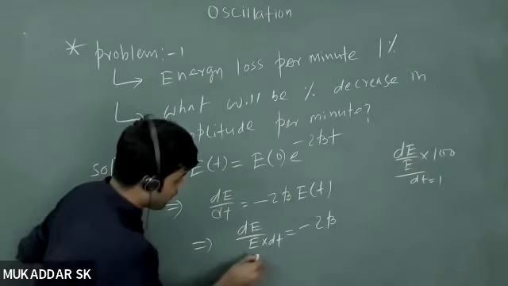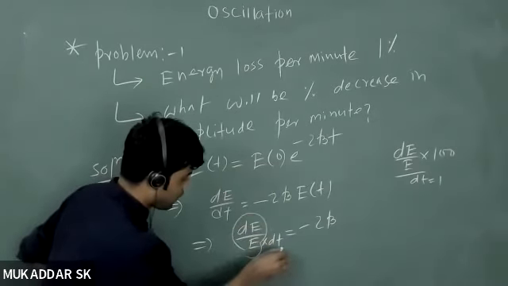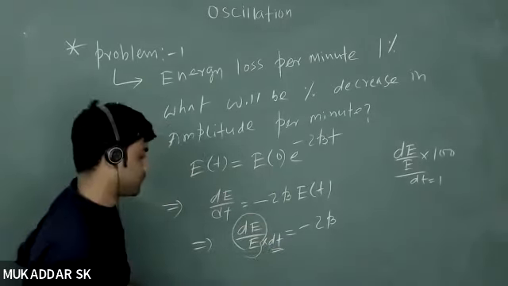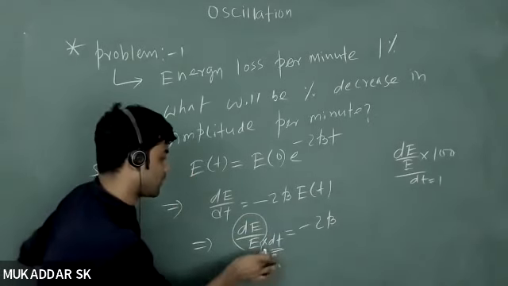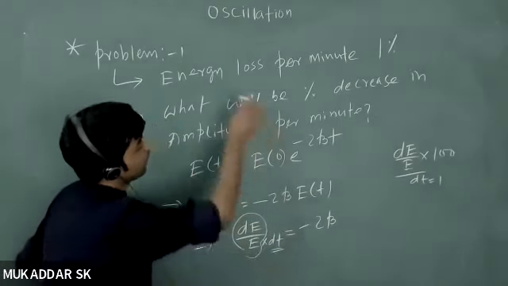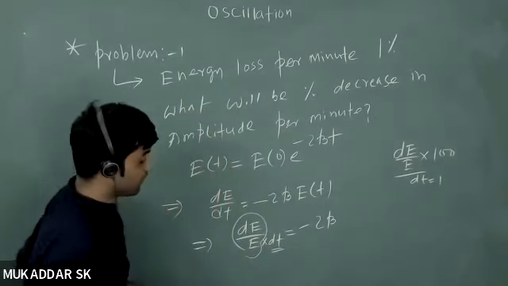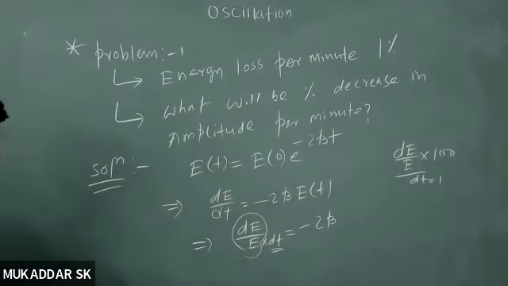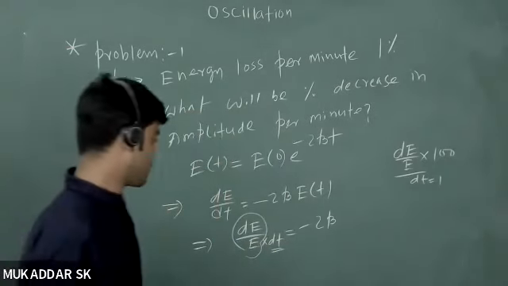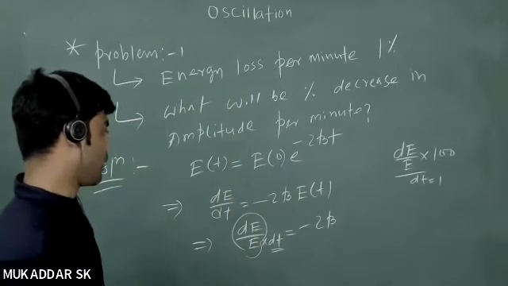So the percentage of energy loss per unit time, which is per minute, is provided as 1%. 1% means 1 by 100.